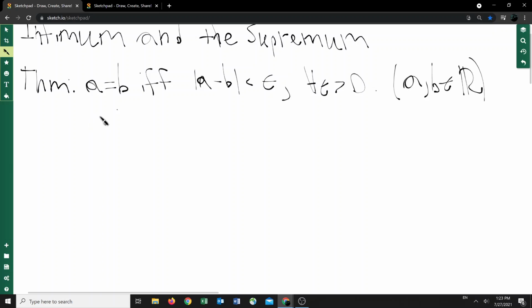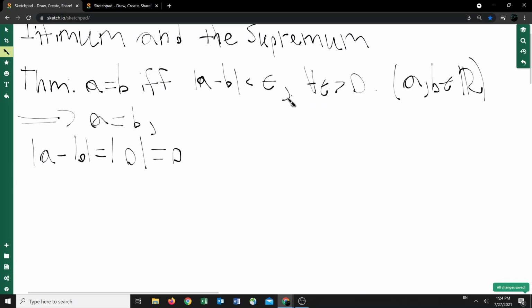First, it's an if and only if statement, so first we want to show this direction. If a equals b, then we want to show that this is true. Notice that the absolute value of a minus b is just going to be the absolute value of 0, which is 0.